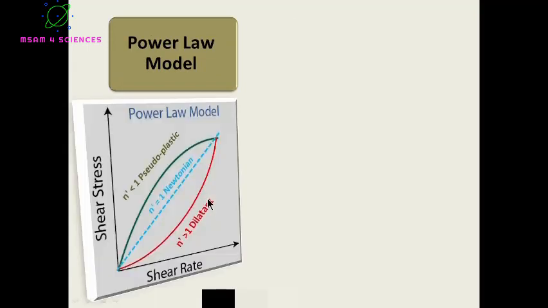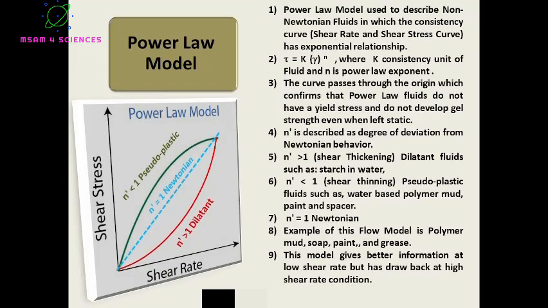The second one, the power law model. Power law can predict behaviors of pseudoplastic and dilatant fluids. It can be described by this equation: shear stress equals K multiplied by shear rate to the power N, where K is the consistency index and N is the power law exponent.